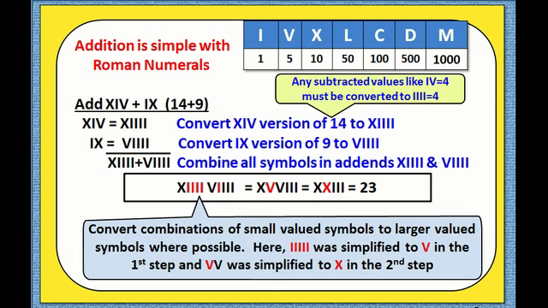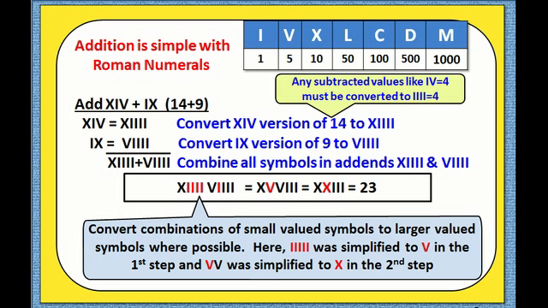To add XIV plus IX, which is equal to 14 plus 9, we start out by converting XIV to XIIII and then converting IX to VIIII.